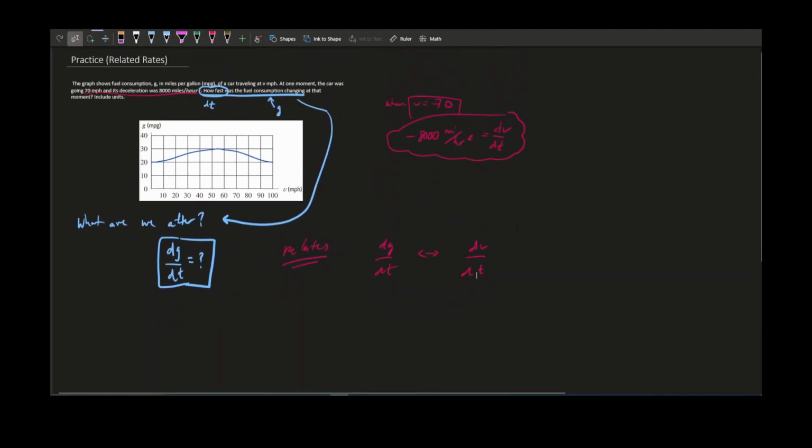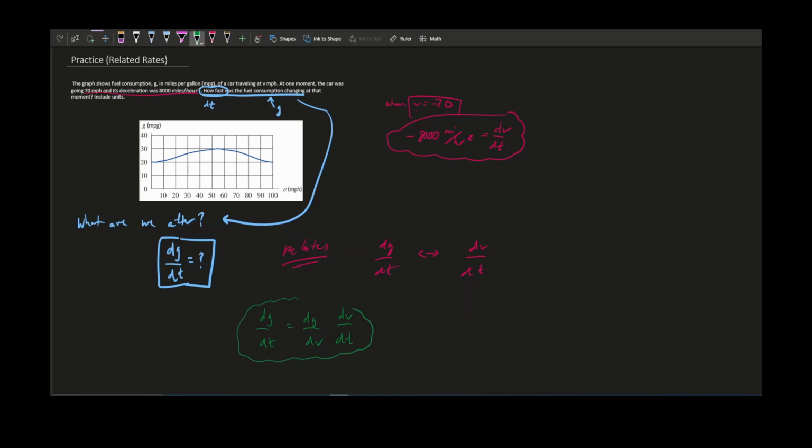So one thing that would do that, and again, this would take some comfort with the idea as we've explored so far, is that dG/dt is related to dV/dt by the rate dG/dV. You can see how these dV's would cancel and we'd be left with dG/dt on both sides.